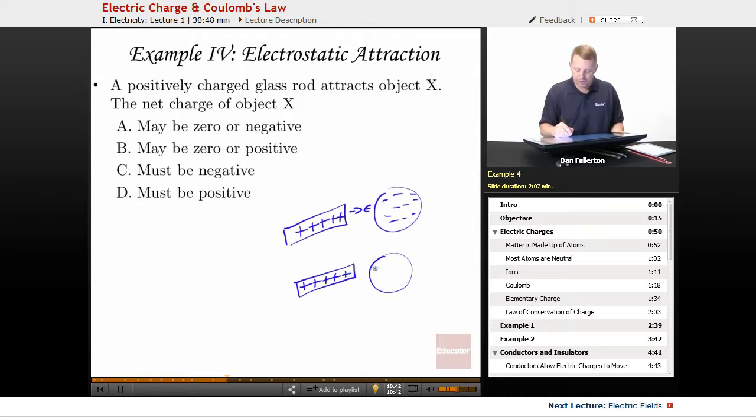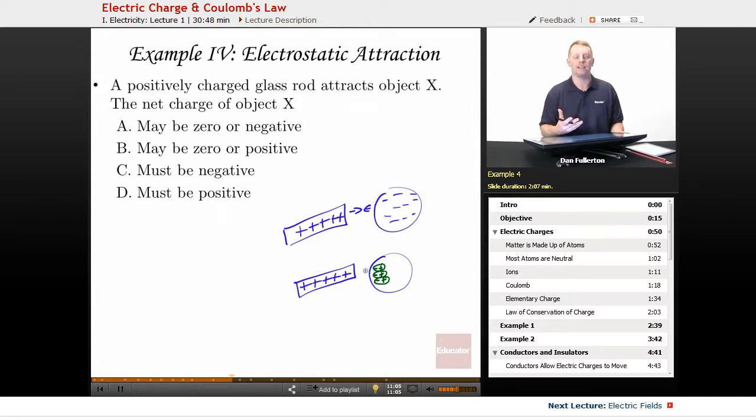So they'll actually spend a little bit more time orbiting the nucleus over toward the positive rod. So we have just a little tiny bit of a shift in the material, with the electron spending a little bit more time on this side of the nucleus than this side. That gives us a net negative charge over on this side of the object, and we can still get attraction.